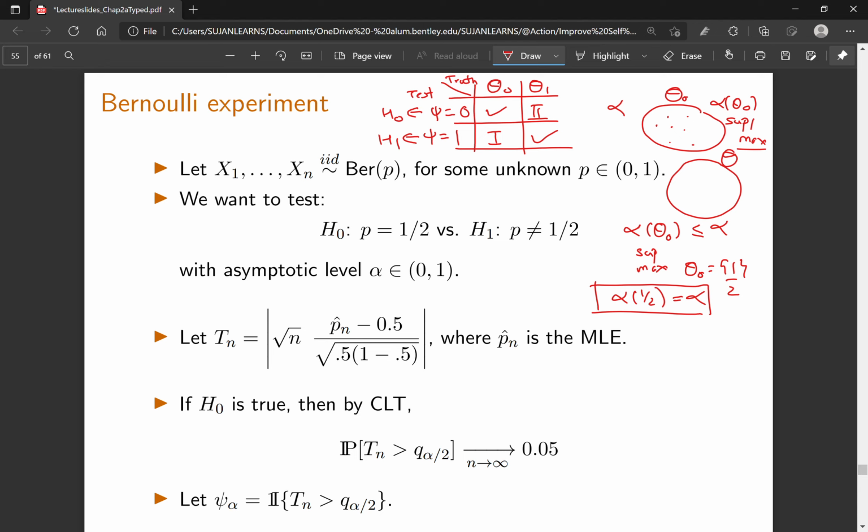For this we have two hypotheses. Null hypothesis is p, the probability of each of this common distribution of this Bernoulli, is one half, and alternate hypothesis is it is not equal to one half. These are null and alternate hypotheses.